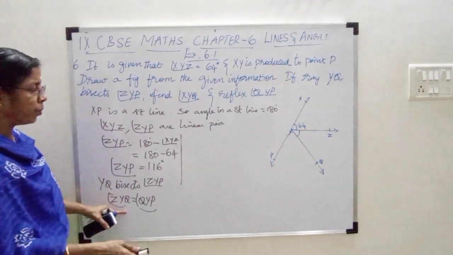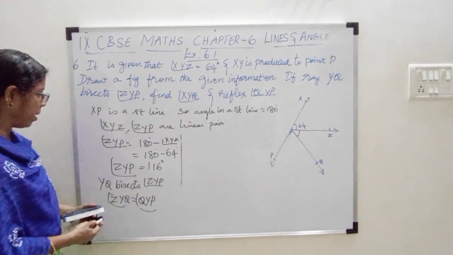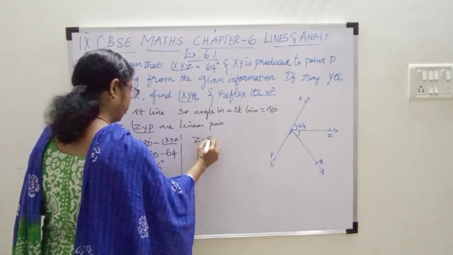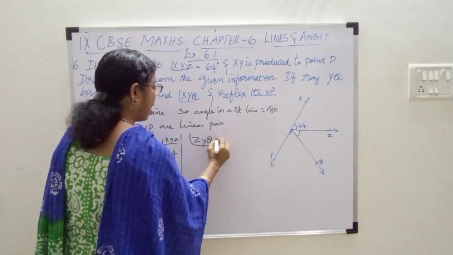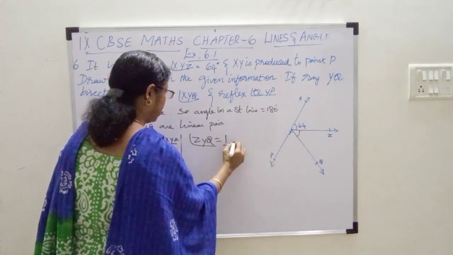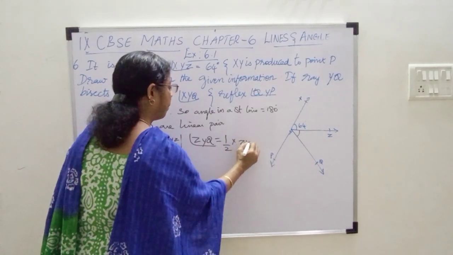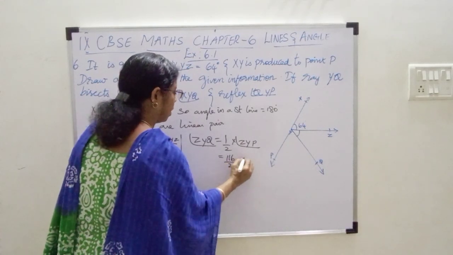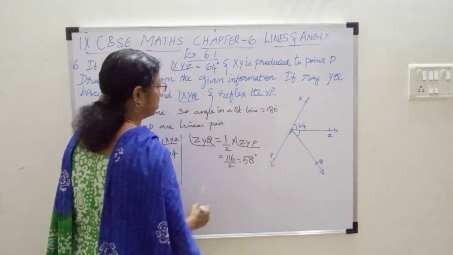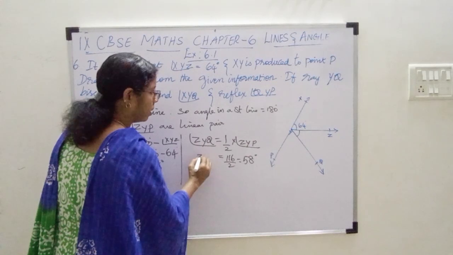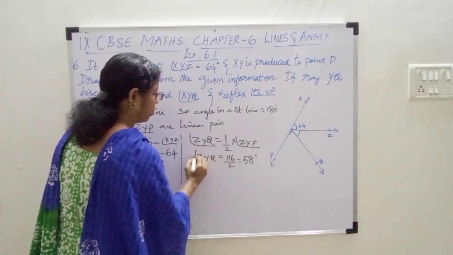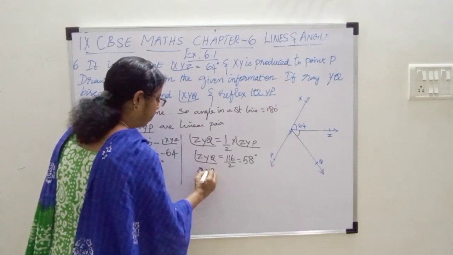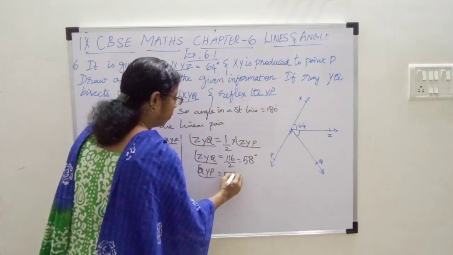So ZYQ is equal to angle QYP, which implies angle ZYQ is equal to half of angle ZYP. That is 116 by 2 is equal to 58 degree. Angle ZYQ equal to 58 degree, which again implies angle QYP is also equal to 58 degree.